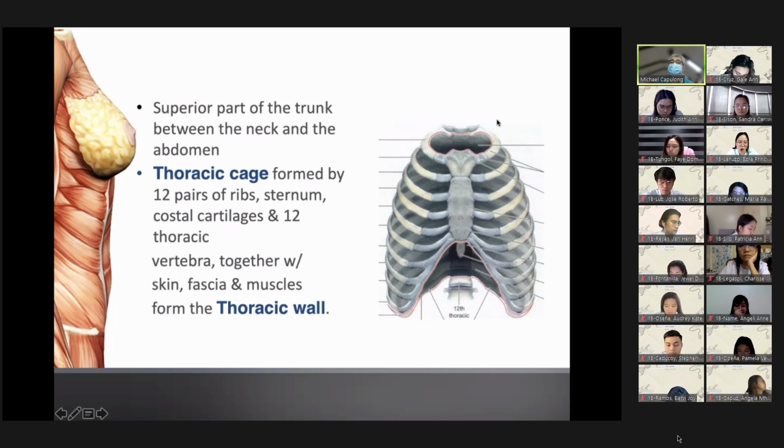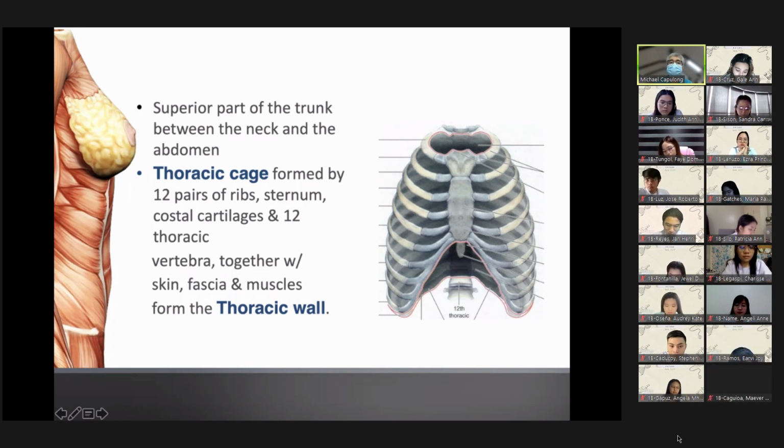As you can see here, that goes anteroposterior, from the front going towards the back. Now, on the front, this is connected to your sternum. So you see here, a flat bone, your breastplate or your sternum. And as it goes around, as it goes posterior, this will now be attached to your vertebra, particularly that of your thoracic vertebra.